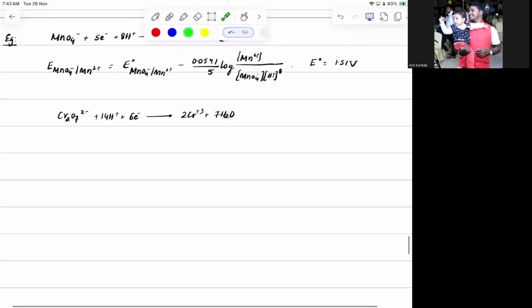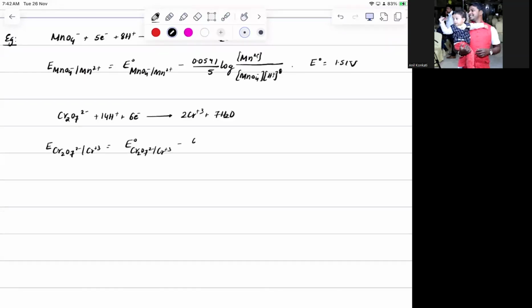So you would write E of Cr2O7 2 minus to Cr+3 is equal to E naught of Cr2O7 2 minus to Cr+3 minus 0.0591 by 6 log of Cr+3 raised to the power of 2 by Cr2O7 2 minus concentration into H+ concentration raised to the power of 14.